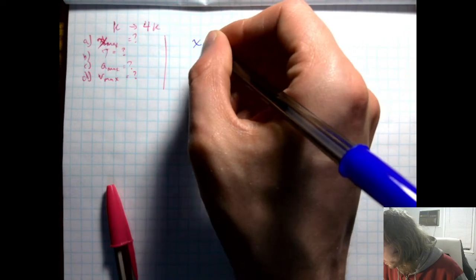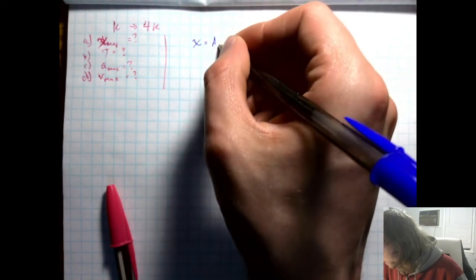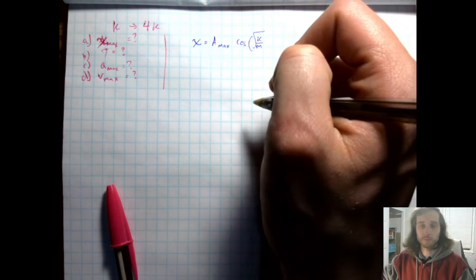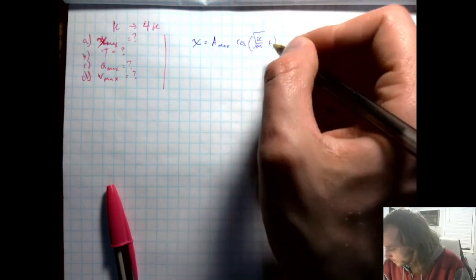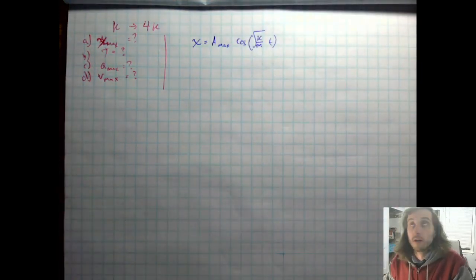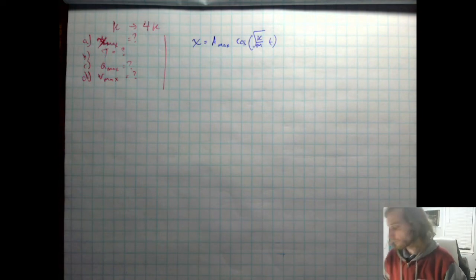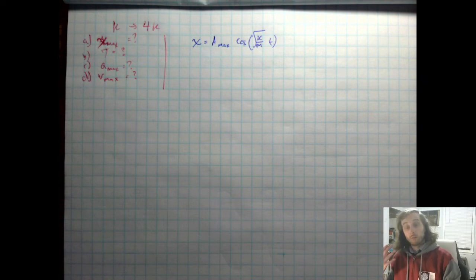So for our x equation, x is equal to our amplitude times our cosine of root k over m times our time. Great.